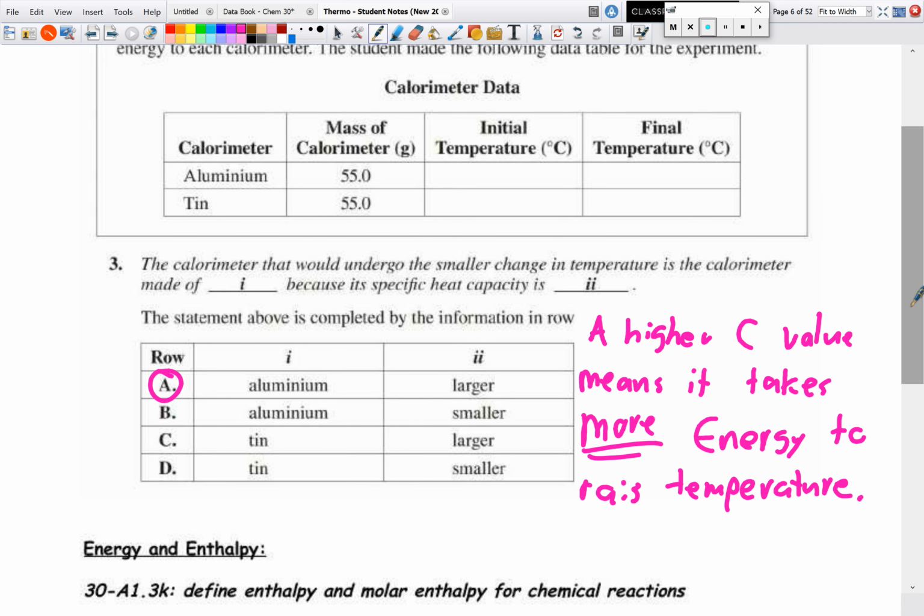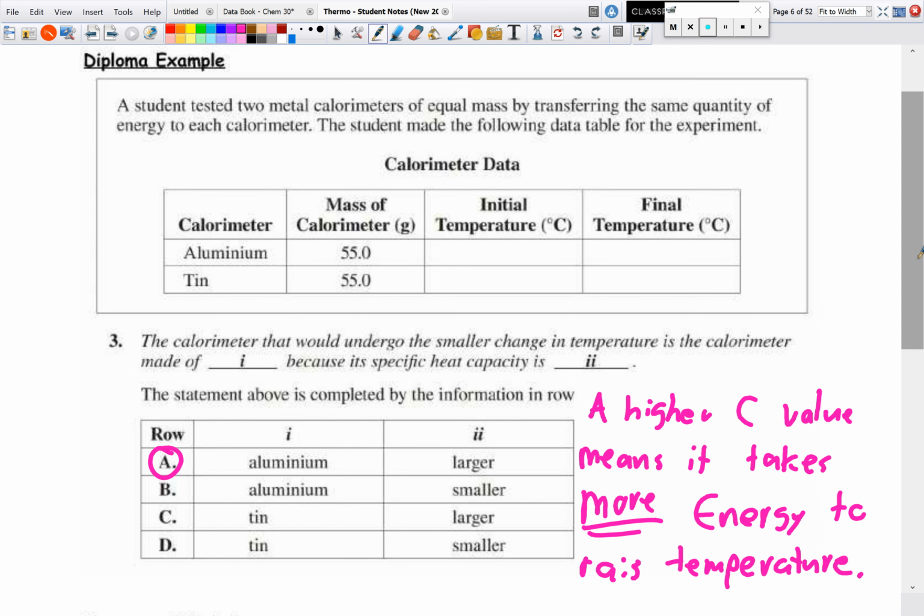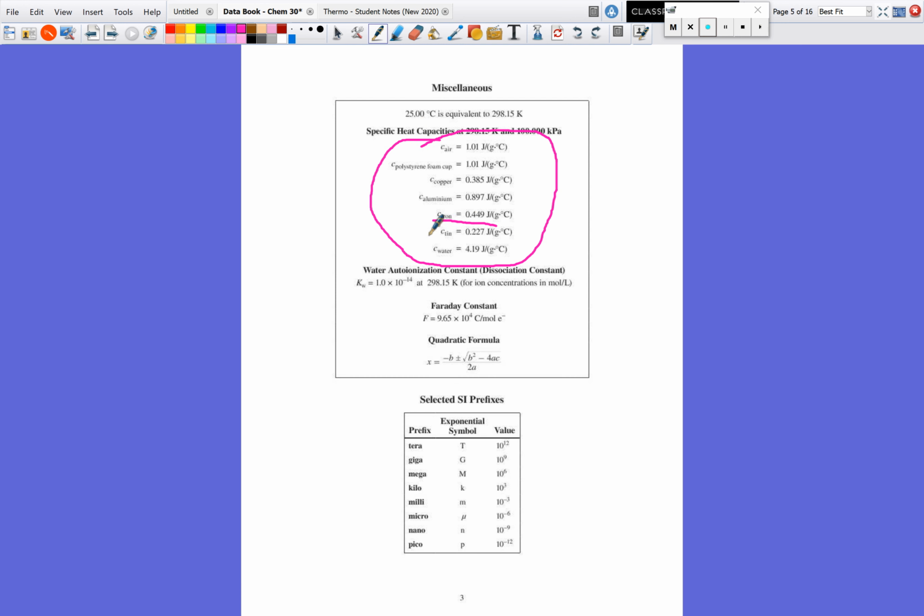The reason for this, the question says, which one will undergo the smaller temperature change? So when you look at specific heat capacities for aluminum and tin, I believe, when we go back to the data booklet, tin, specific heat capacity 0.227, aluminum 0.897. So what that means is that it takes more energy to raise 1 gram of aluminum 1 degree Celsius.